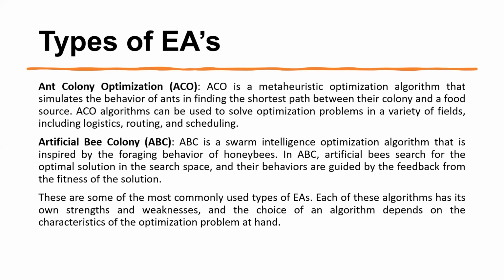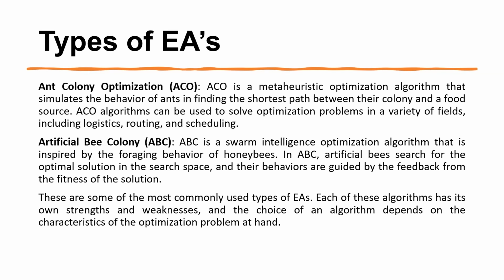For example, ant colony optimization is mostly inspired by how ants find food, from the colony where they stay to the food-finding place, and what the shortest distance between those is. So it is inspired from that side of the idea, and it is named after that as well.